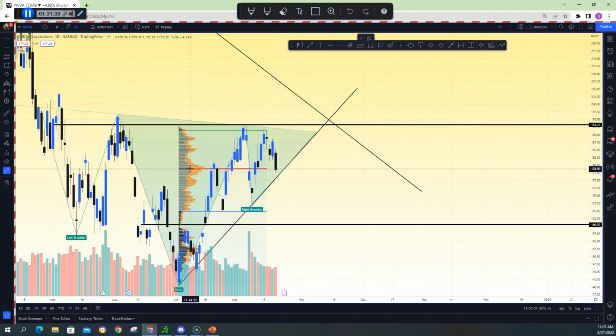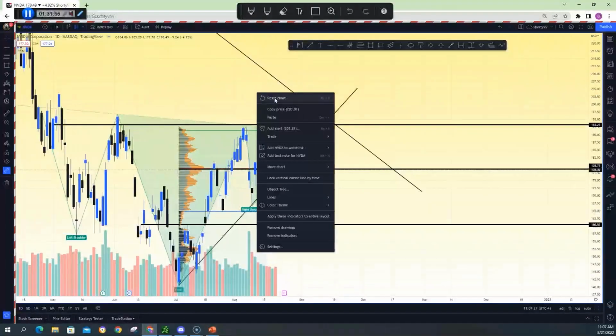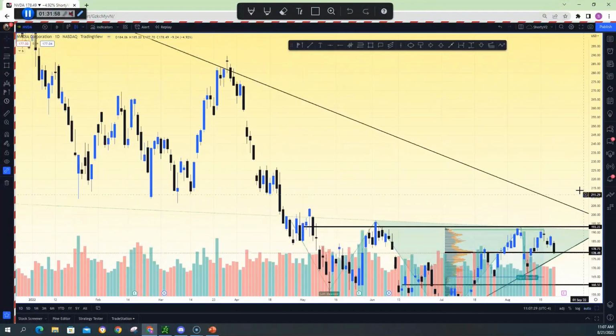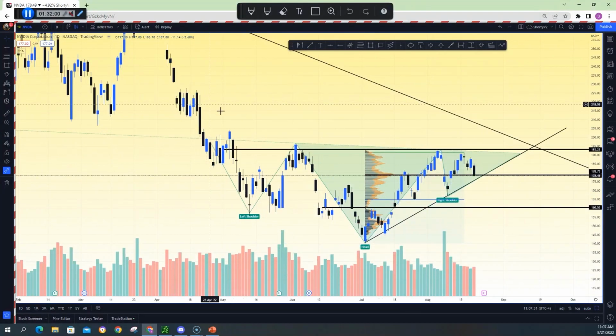And if you look at the POC right now here, if you're able to lose that, then you see that there's a high chance you come back all the way here, which is your value area low, 164, and then skinny belly right here to the support, previous support. So I'd watch this one as well. This has a pretty decent setup. I'm just going to move these lines so I can see it.